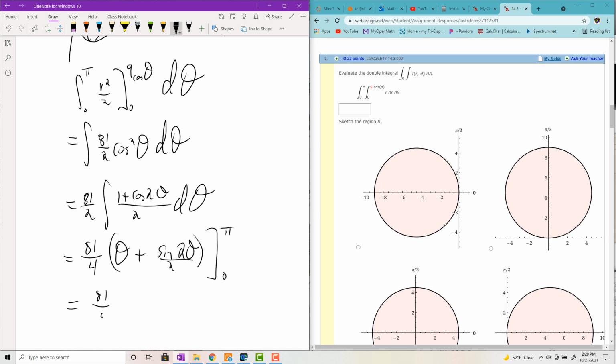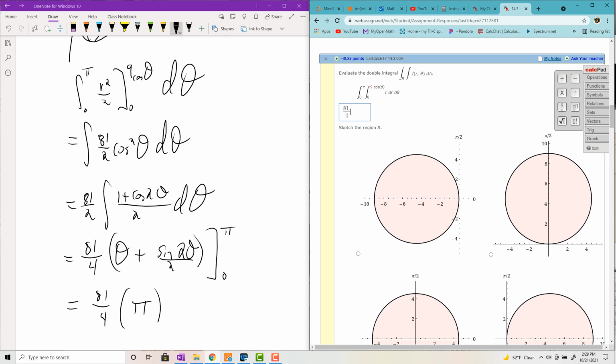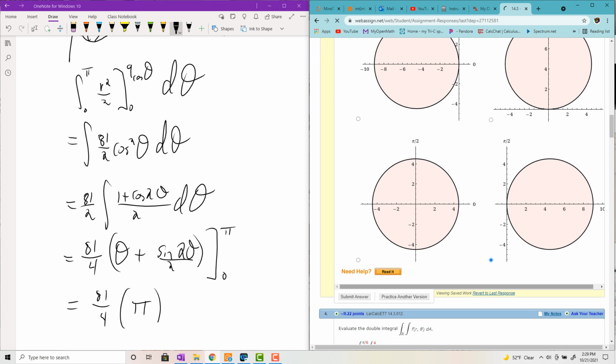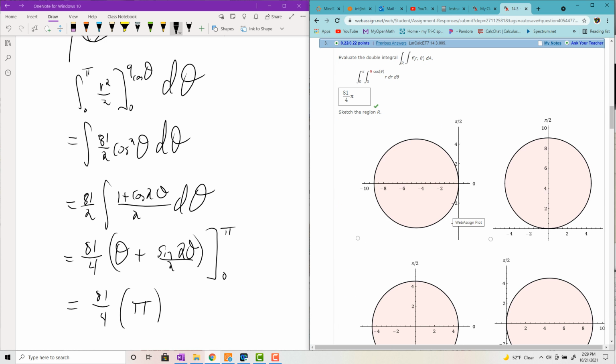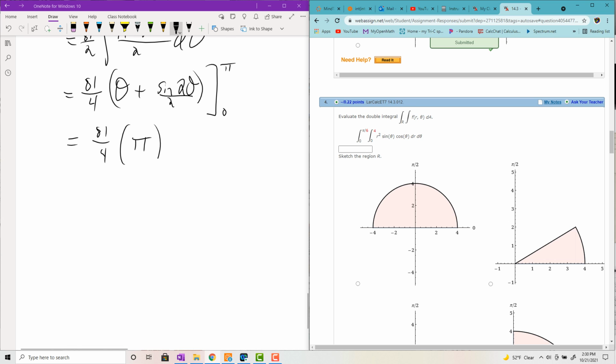That is 81 fourths times pi plus sine of 2 pi, which is 0, minus 0, so it's just 81 fourths pi. Great. Let's keep going.